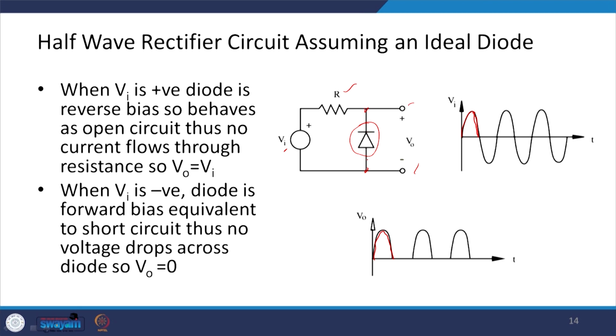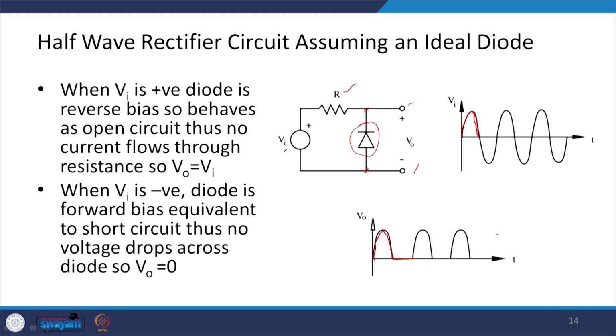So, there is no voltage drop across this one, and we have the voltage 0 here across the terminal. So, this is how we get the voltage rectified.